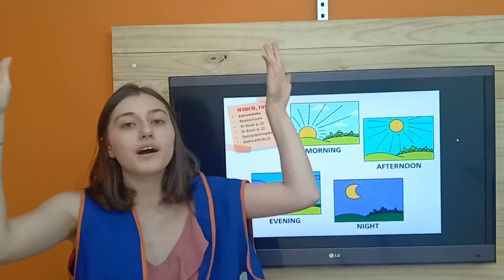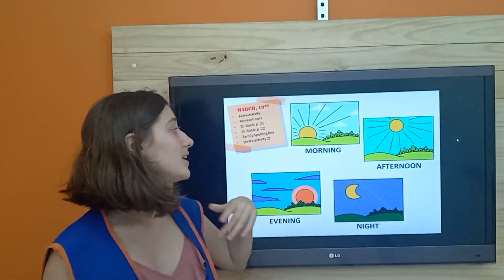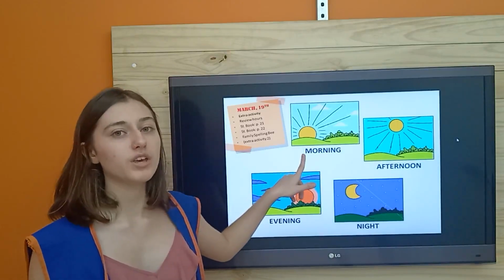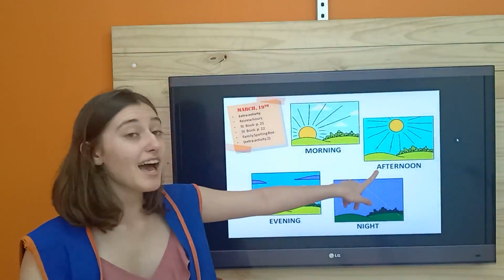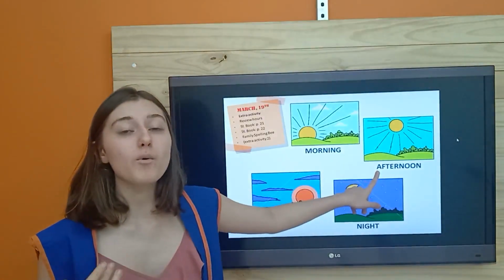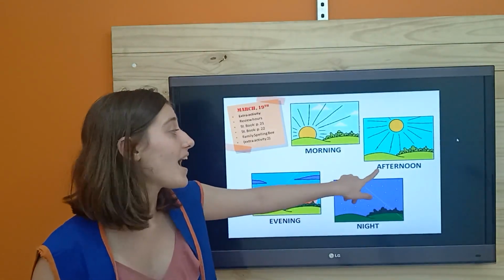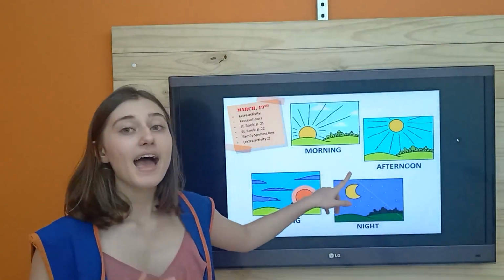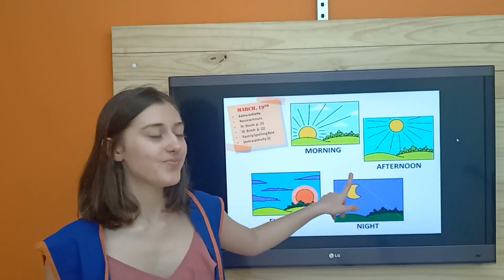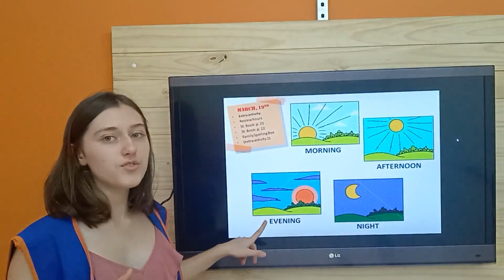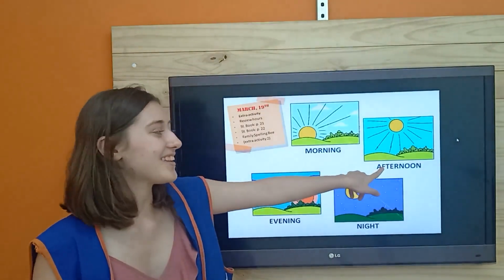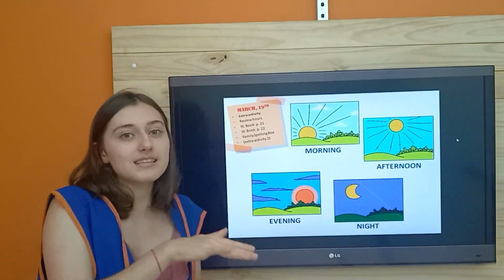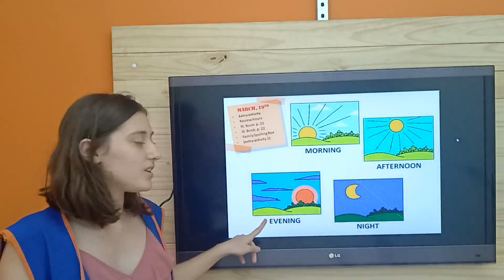Morning, when you wake up, quando vocês acordam, it's morning, okay? Repeat, morning. Then, after lunch, depois do almoço, lunch, we have afternoon. Afternoon. Then, evening. Depois, para os que estudam in the afternoon, à tarde, quando vocês saem da school, é a evening.